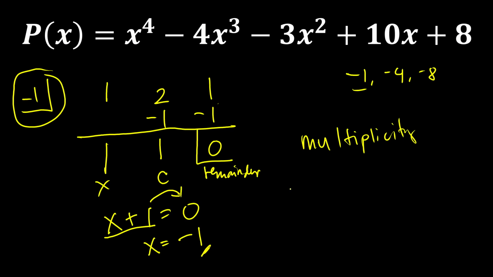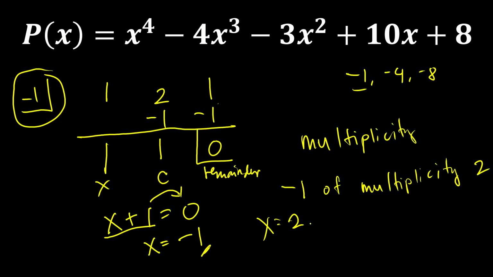So, paano nyo po isusulat yung answer na yan? We have negative 1 of multiplicity 2. Ibig sabihin, yung final answer natin dito ay, ano ulit yung mga factors?